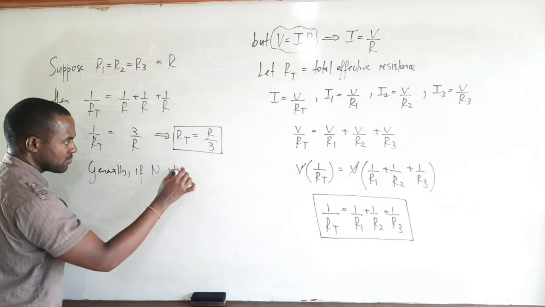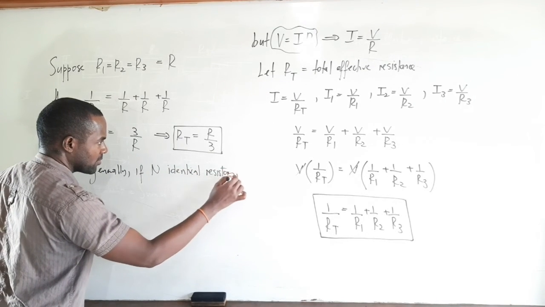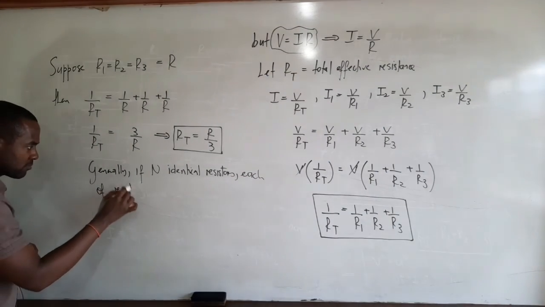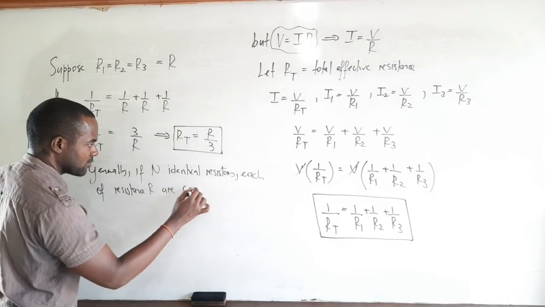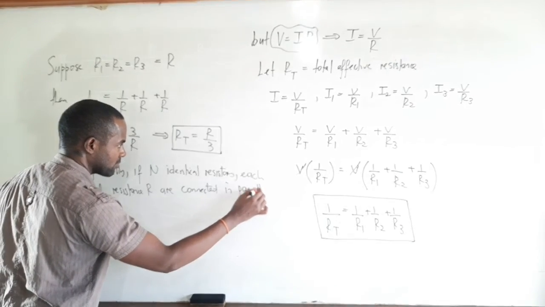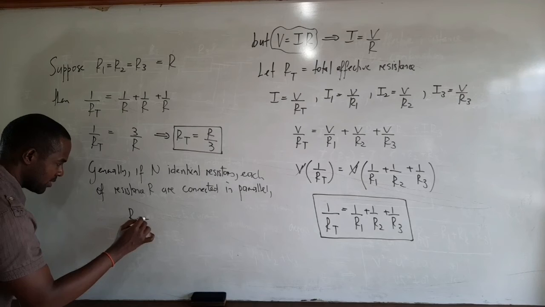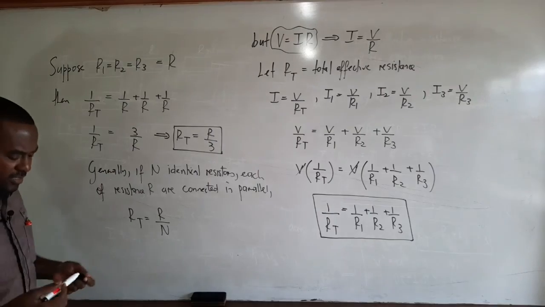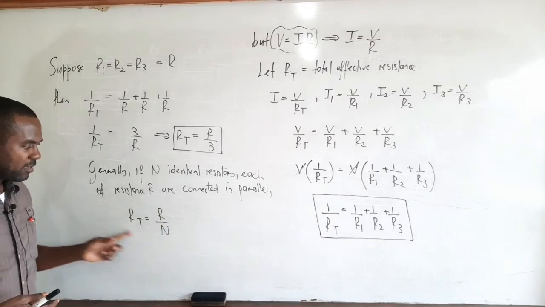Now generally, if N identical resistors, each of resistance R, are connected in parallel, then the total effective resistance RT is equal to R divided by N. So the total effective resistance is equal to the resistance of one of the resistors divided by the number of them.